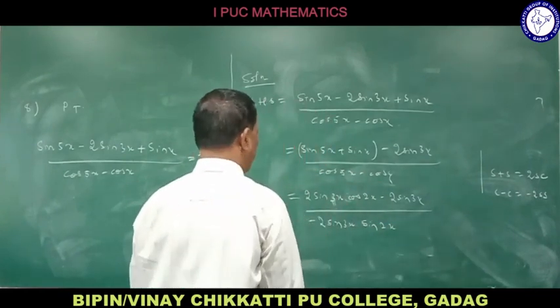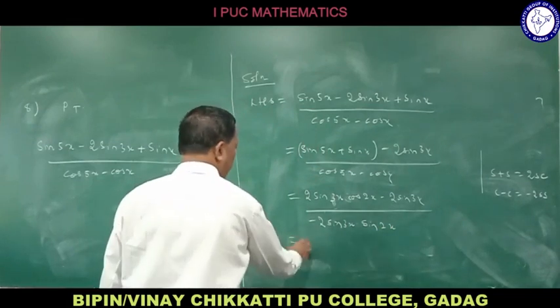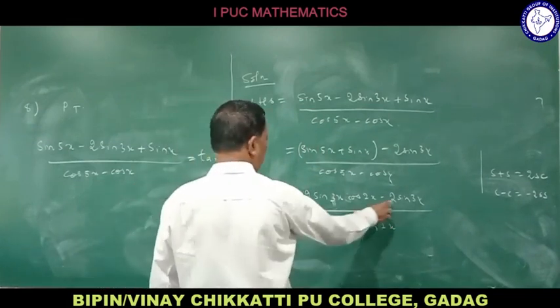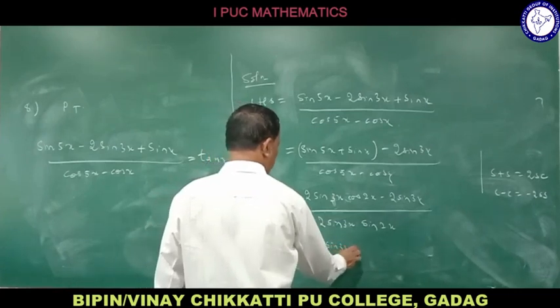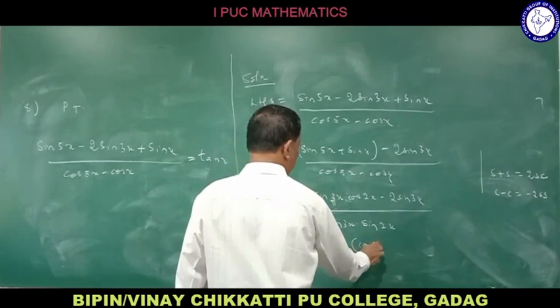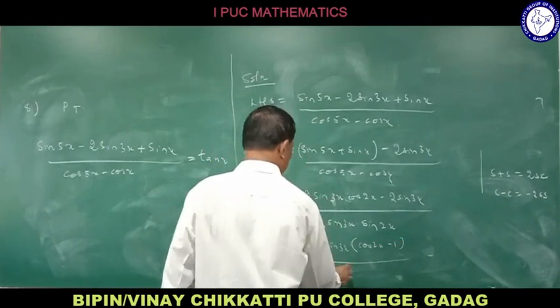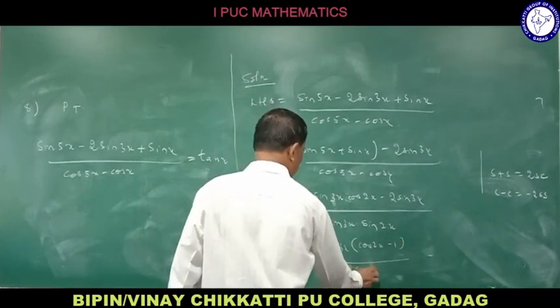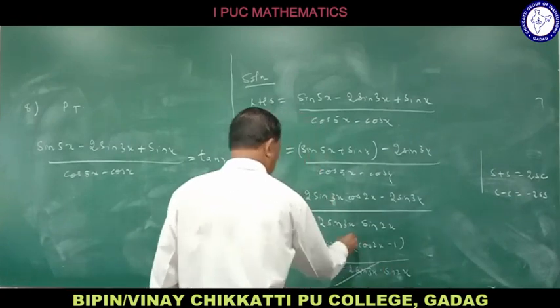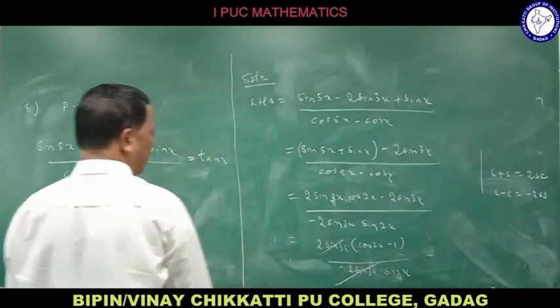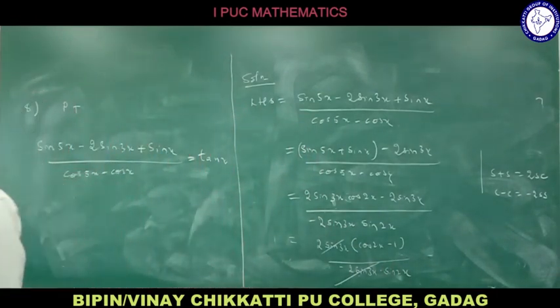Here you have to see what is common in the numerator: 2 sin 3x is common. You take cos 2x minus 1, and here minus 2 sin 3x into sin 2x. So 2 sin 3x is cancelling, and here you get 1 minus cos 2x.